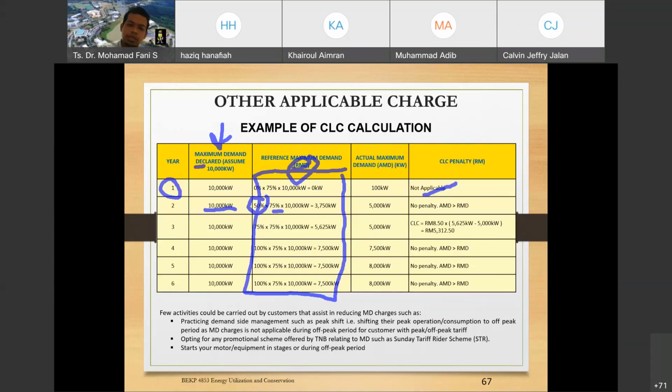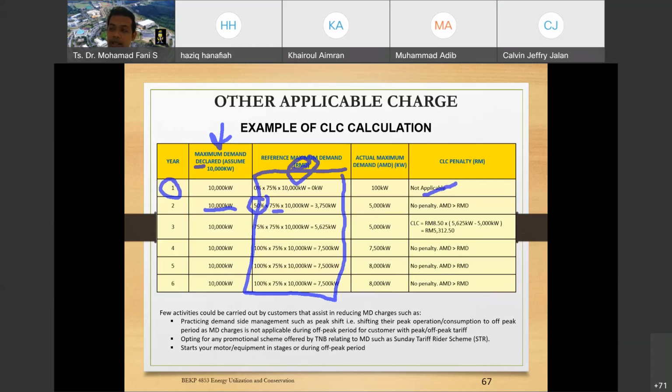Okay, back to the basic. If the AMD, the actual maximum demand, is higher compared to the maximum demand declared, you need to upgrade your system to re-declare with the TMB. So that's one sign to upgrade your voltage level.